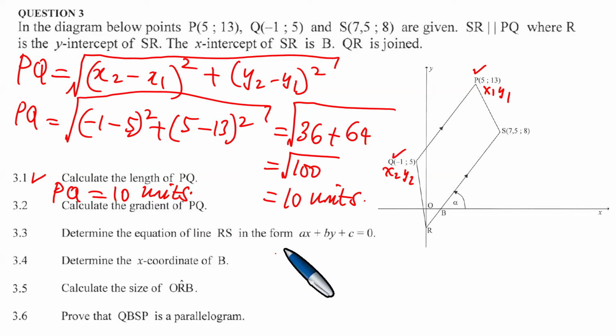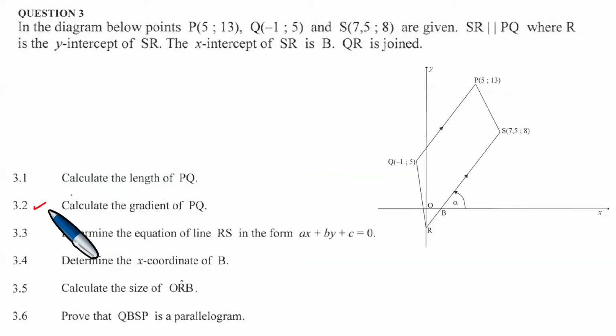And we look at the next question. We want to calculate the gradient of PQ. Do you remember the gradient formula? If we want to find the gradient of PQ, moving from P to Q, P will have x1, y1, and Q will have x2, y2. We just put these labels on the coordinates so that we do not forget.